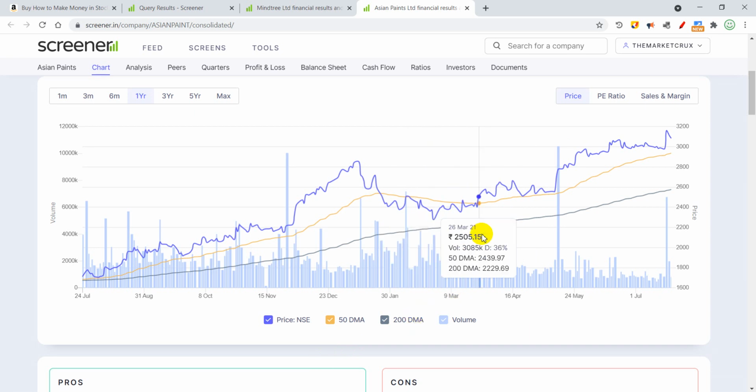It again exhibits bullishness, and only then can we consider it, but otherwise we will not. In Asian Paints' case, the stock broke below the 50 period DMA, but it was always above the 200 period DMA in the last 1 year. So another good stock which we can qualify for our trading purpose.